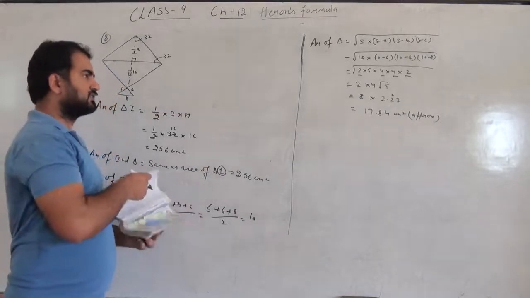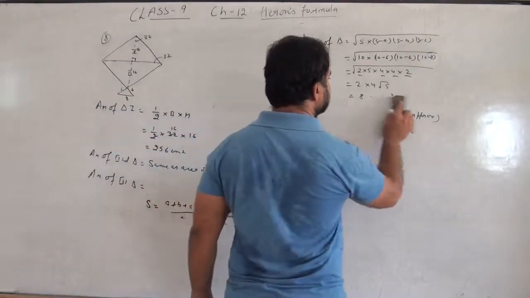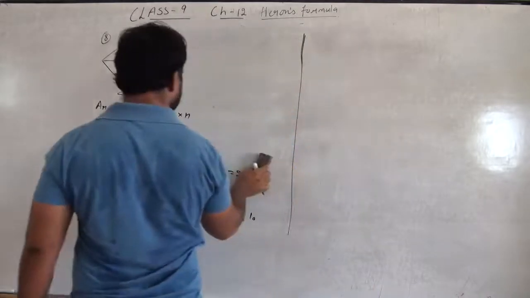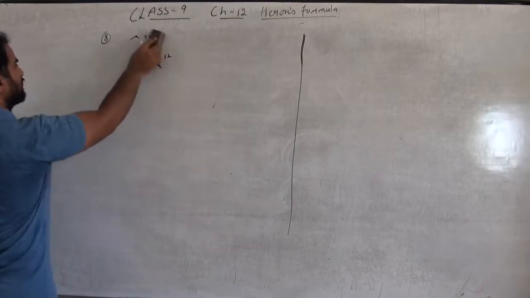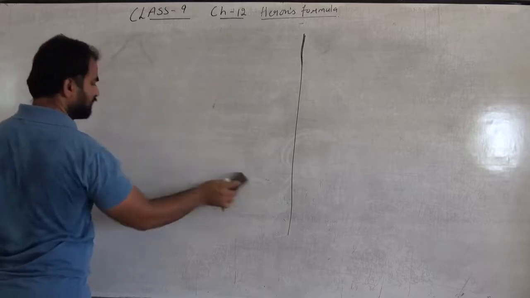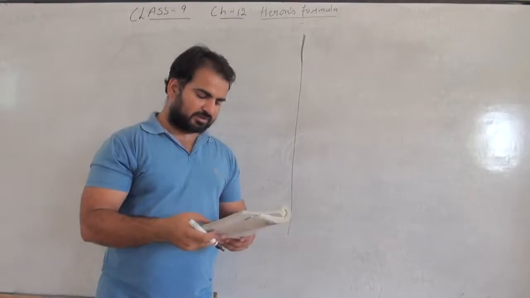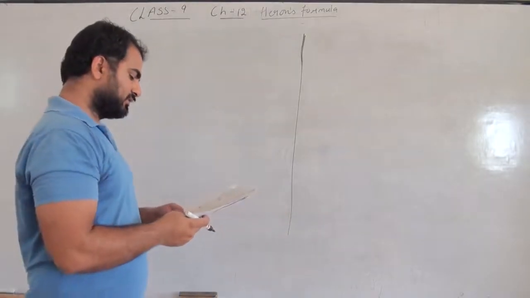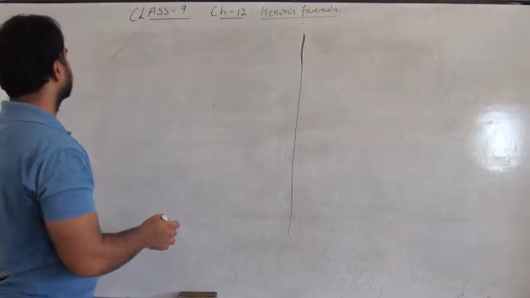Okay, next is question number 8. So question number 8 is, a floral design is given and what we have to do is we have to find the total amount that we need to draw it. Okay, in that floral design there are 16 tiles which are triangular in shape and the sides are 35, 9 and 28.